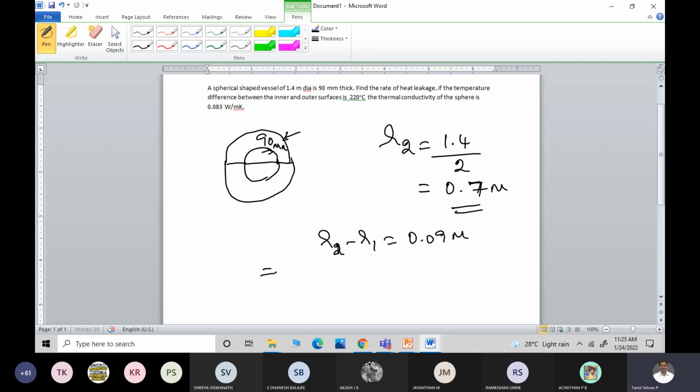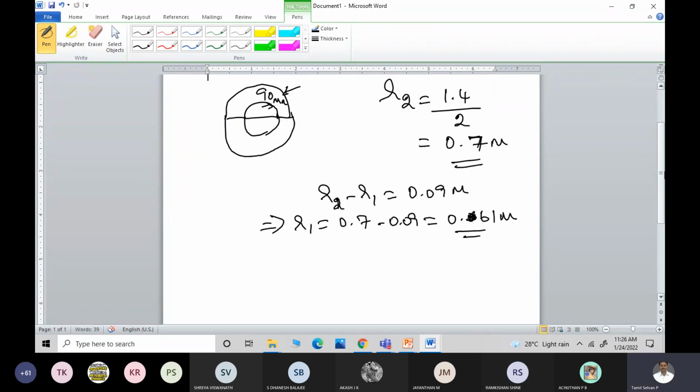Which implies R1 will be equal to 0.7 minus 0.09, that is 0.61. Am I correct or not? Correct, sir.